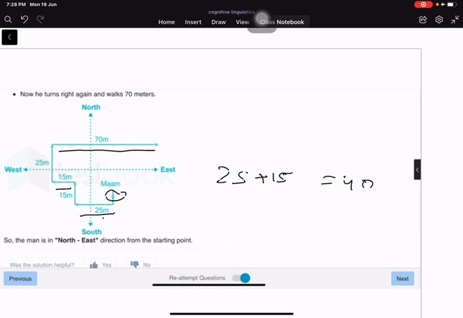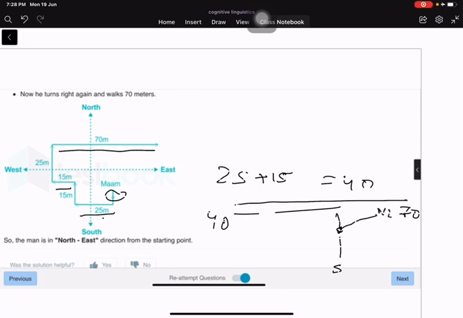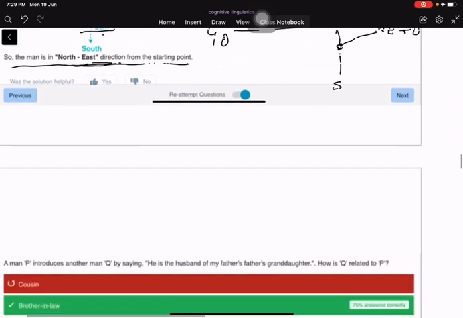This was his initial position, and he walks leftwards 40 meters, and then he walks backwards by 70 meters, right? So his initial position was this, and this is north, this is south, this is northeast, and that is the reason. So the man is in the northeast direction from the starting point.